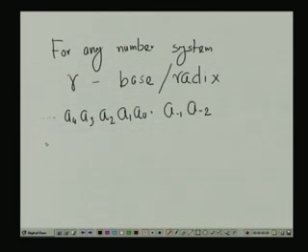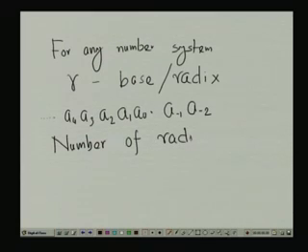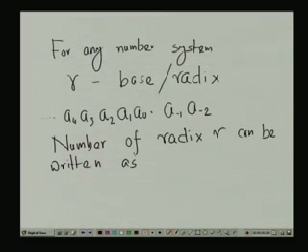Then the number of radix R can be written as, say I am representing this by N_R, and if we start from A4, that means the position is here, the position is 0, 1, 2, 3, 4.